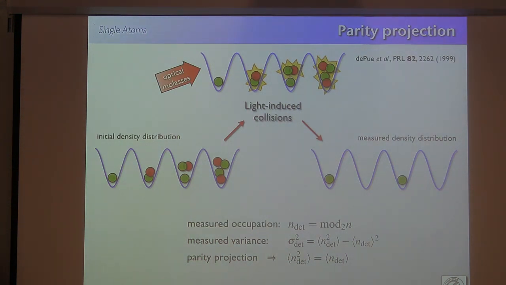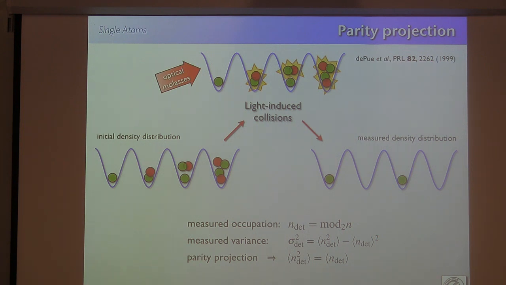One slight thing that I have to mention, which concerns almost all experiments apart from the fermion experiment I'll talk about on Thursday, is that there's an unfortunate AMO effect called light-induced collisions. For most experiments it confines us to measuring the parity of the occupation, not the actual occupation. So what is this effect?